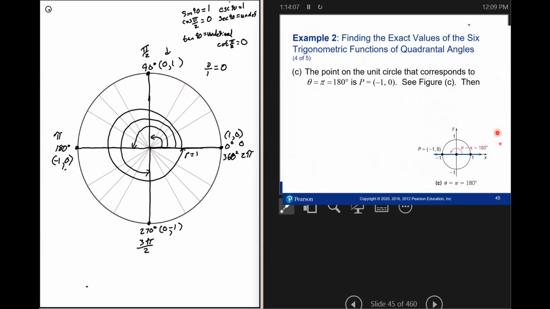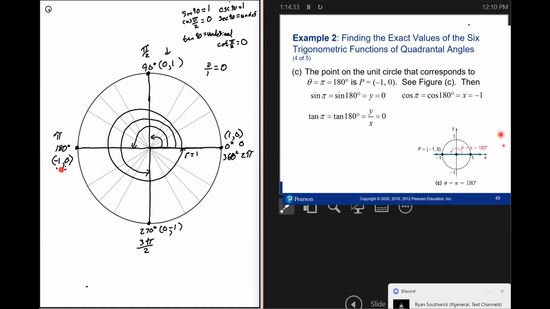And then the point on the unit circle that corresponds to 180 over here. So sine is going to be 0. Cosine is going to be -1, and tangent is going to be 0 over -1, or 0. All right. Cosecant is going to be 1 over 0, so that's going to be undefined.